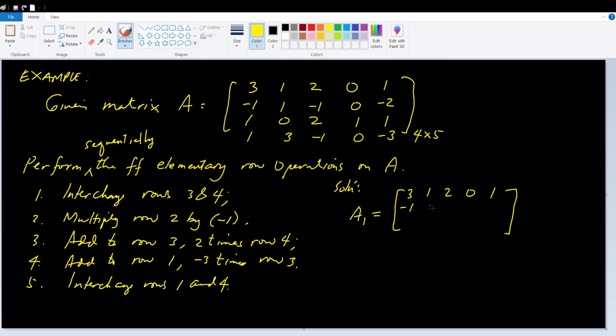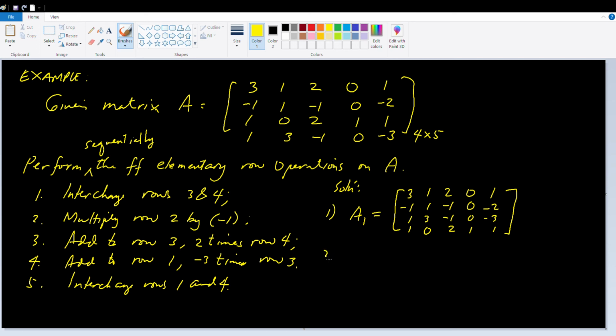Negative 1, 1, negative 1, 0, negative 2. And our new row 3 will be 1, 3, negative 1, 0, negative 3. And our new row 4 will be 1, 0, 2, 1, and 1. Okay? So that is our A1.